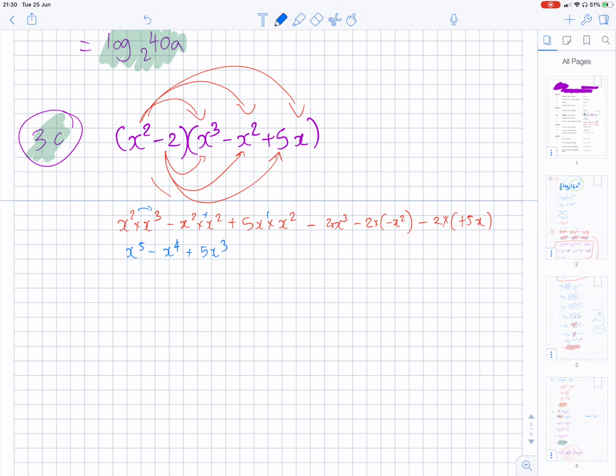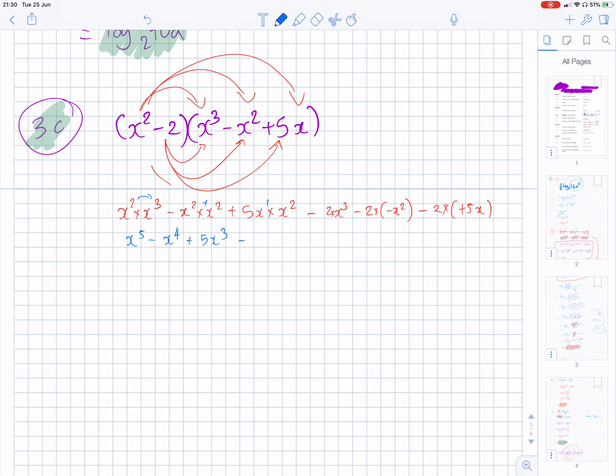And here we've got a minus 2x cubed, that's fine. And here we've got two minuses, that becomes a plus 2x squared, and this is a minus 10x.